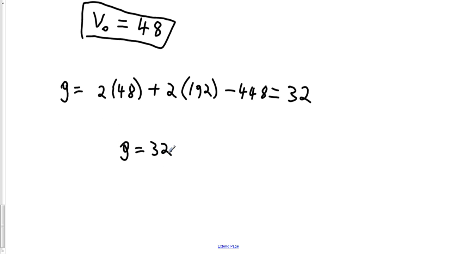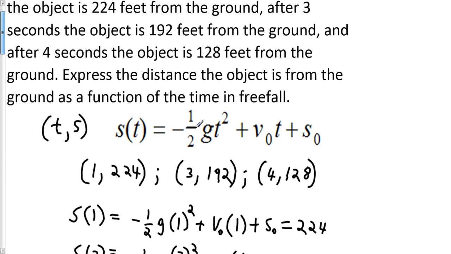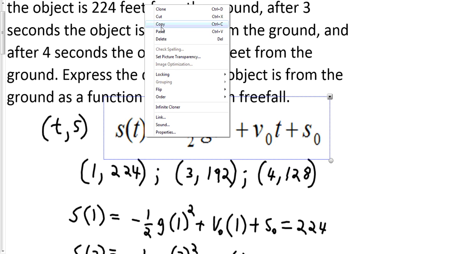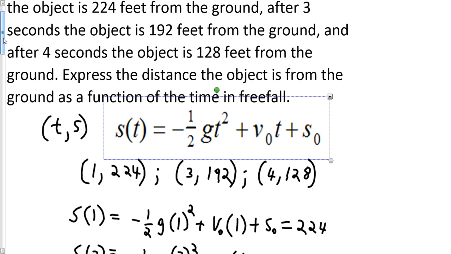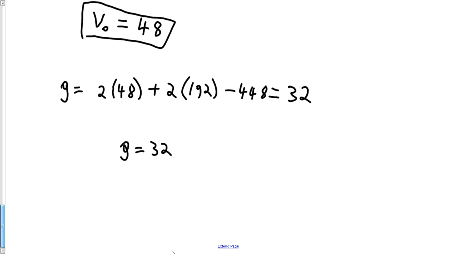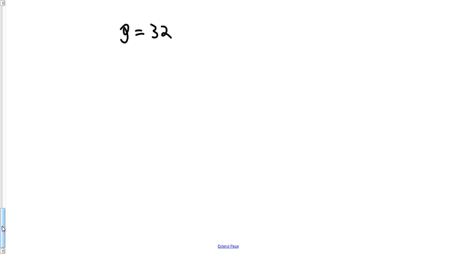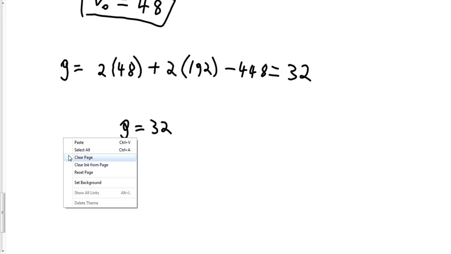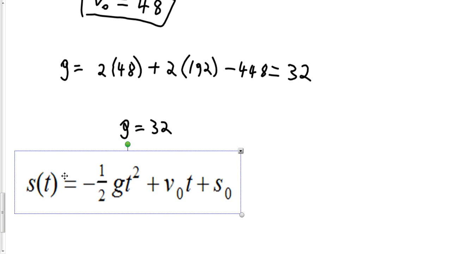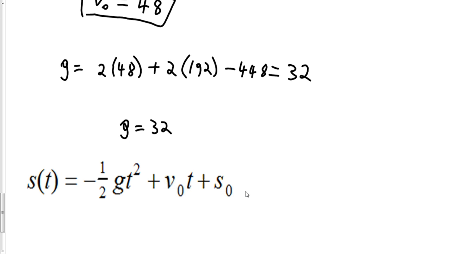So my initial goal was to write a function of this form that will give me the position of the object if I give it the time in seconds that it has been falling. So let's go ahead and do that. I'm looking for s of t, a position function in terms of time.